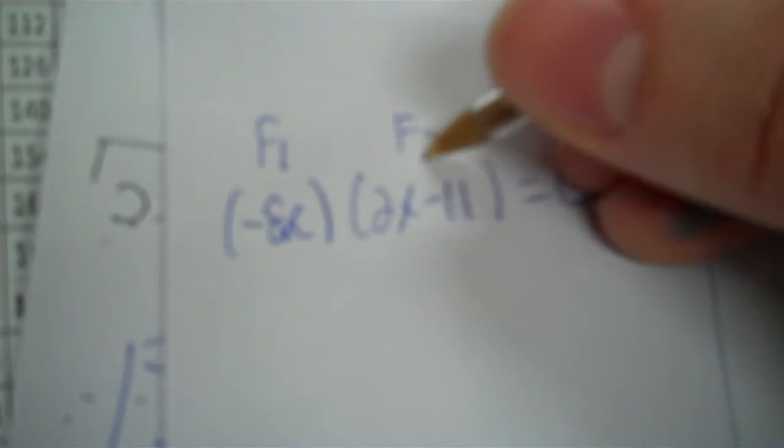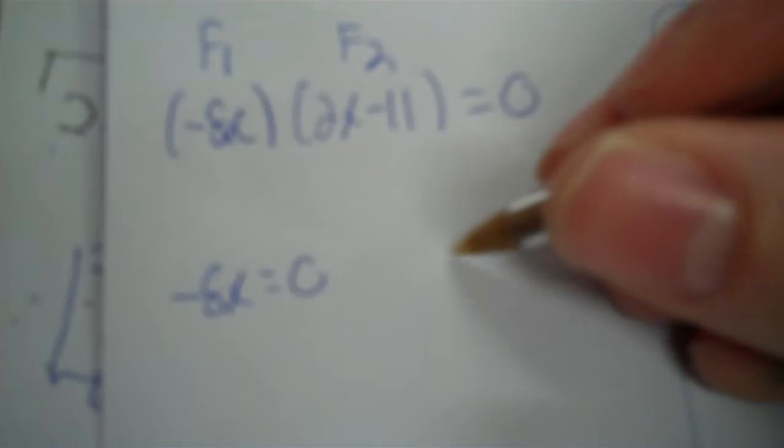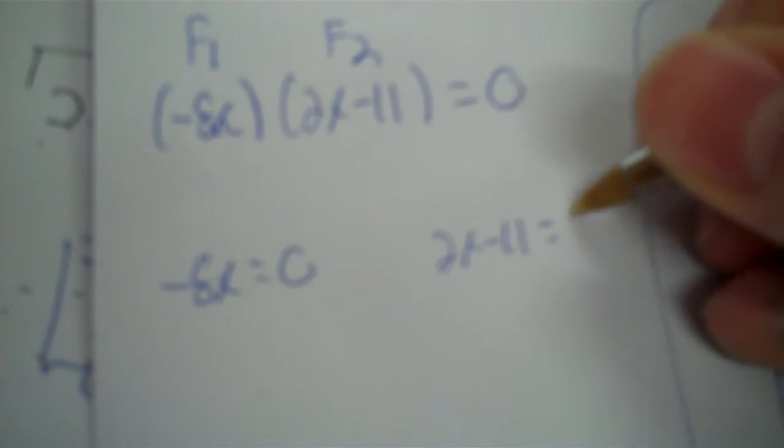Well, right away, the minus is there, but 2 is not a perfect square. So no. So when that's no, you put the 2x minus 11 right beside your negative 8x. So F1, F2. Say negative 8x could equal 0, 2x minus 11 could equal 0.